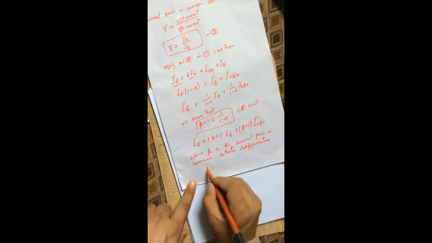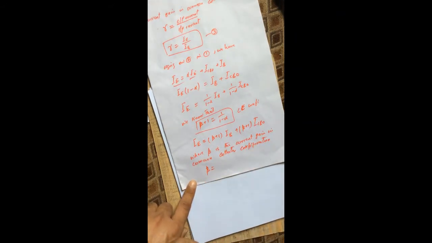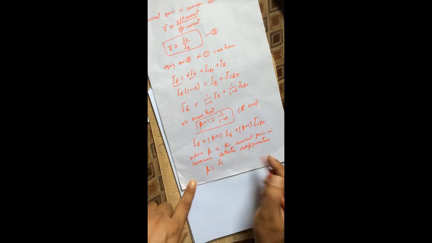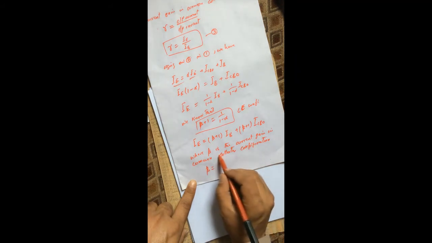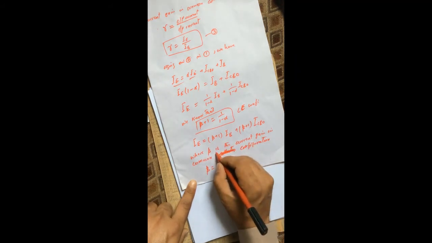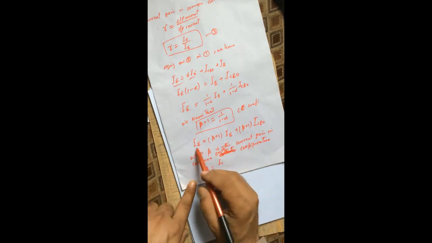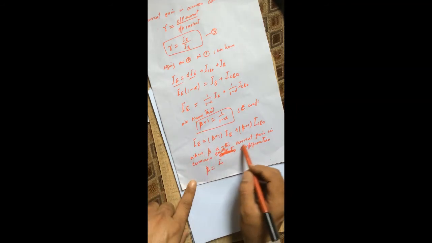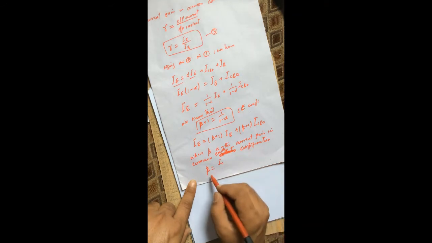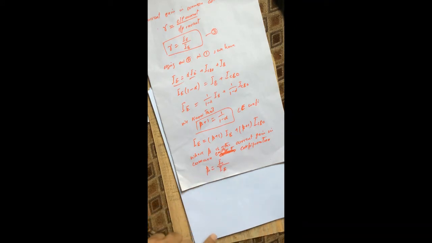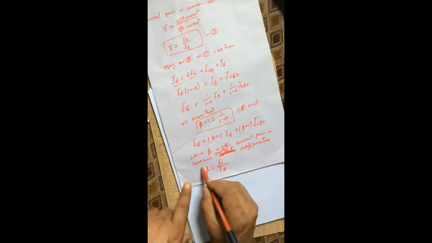Beta is equal to the output current, IC, over the input current, IB, in common emitter configuration, sorry, this is common emitter, like the topic we discussed before. In common emitter configuration, the output current is IC and the input current is IB, the base current. So this is the current gain in common emitter configuration.